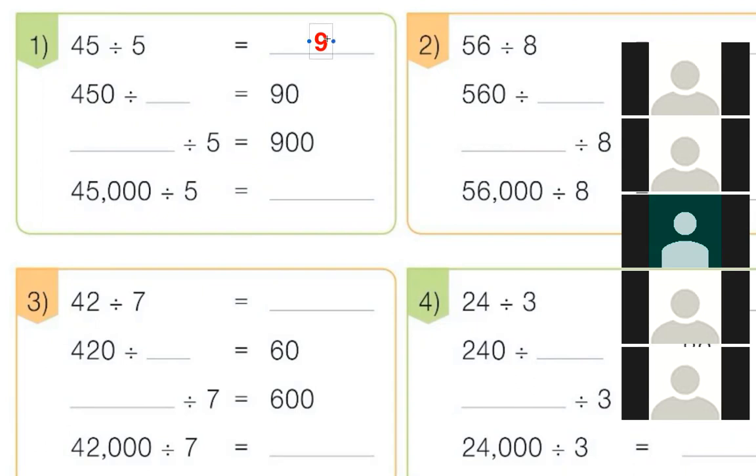Very good. Divided by 5 is 90. That's right. Great job. Okay. Very good, Bab. Thank you so much.